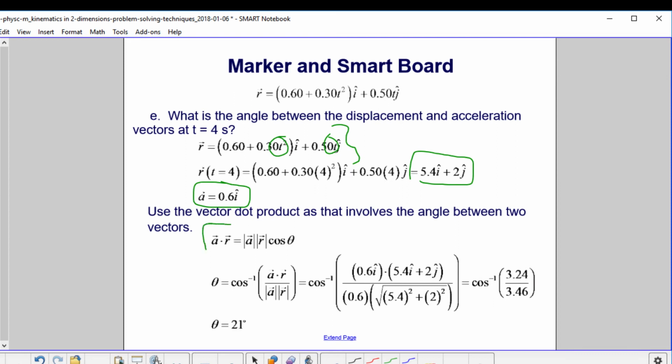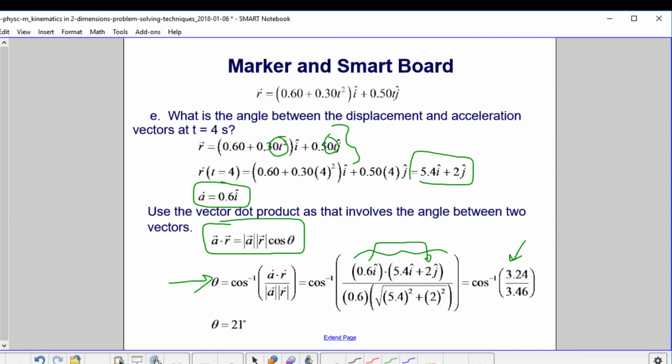Here's our dot product. A dot r is the magnitude of A times the magnitude of r, cosine theta. We go ahead and solve that for theta, and that's this. And let's see, A dot r is on the top, and what we get there is we have 0.6i dot 5.4i. That gives you 3.24. 0.6i dot j is 0.